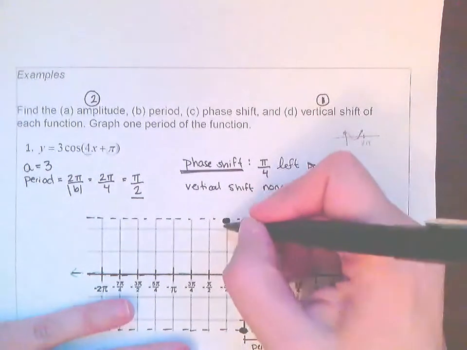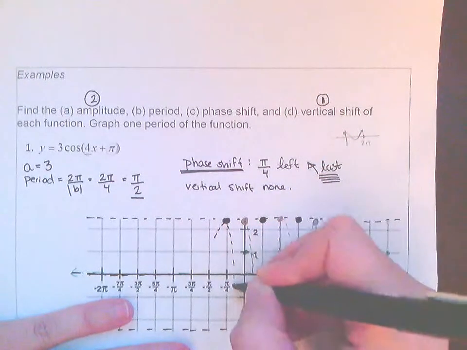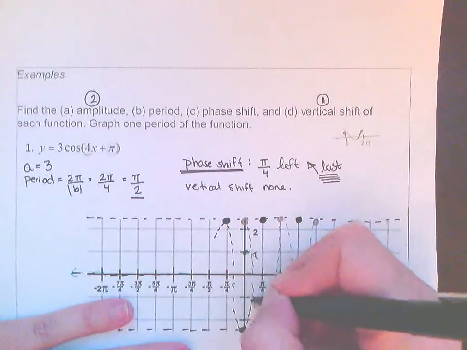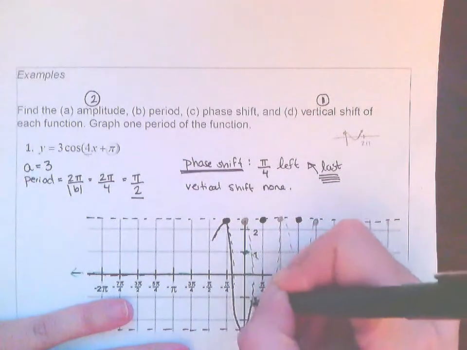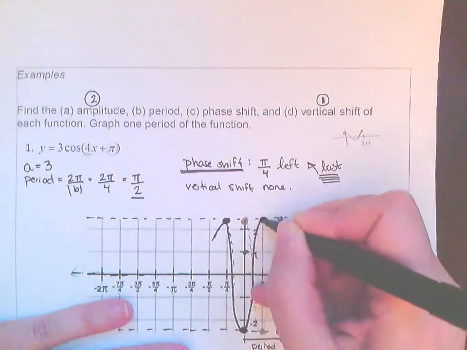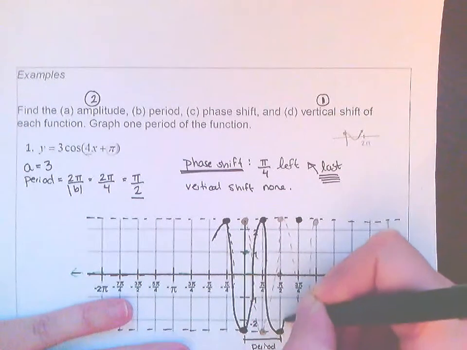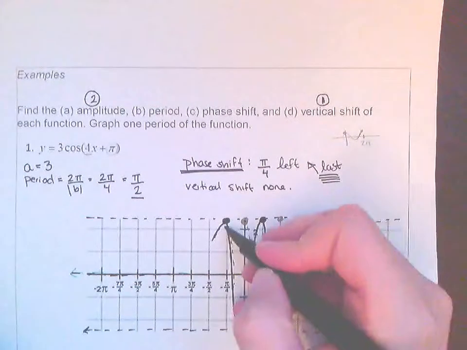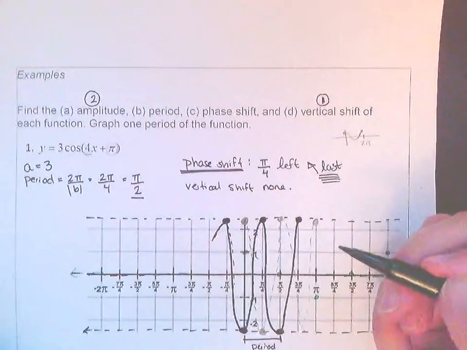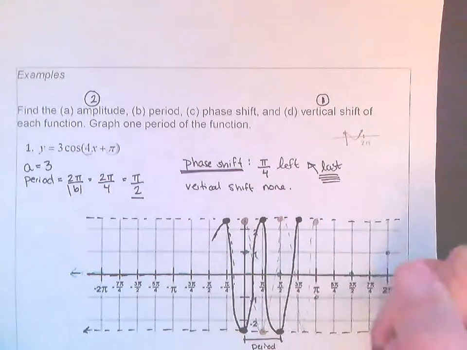So now when I graph this, okay, that is going to be my graph. And the period is still from 0 to pi over 2.